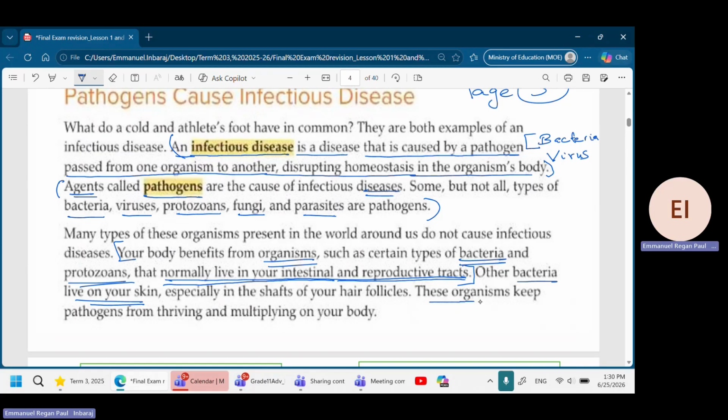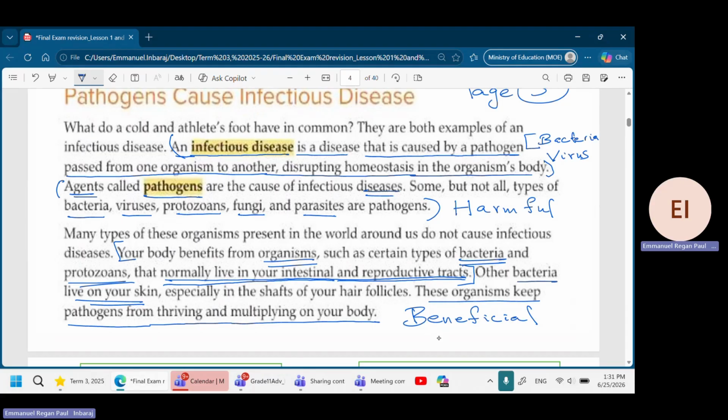These organisms keep the pathogens from thriving and multiplying on your body. So remember, not all microorganisms are harmful. There are some microorganisms which are beneficial, which means they are useful. Of course, most of them are harmful, but there are some microorganisms which are also beneficial to your body.